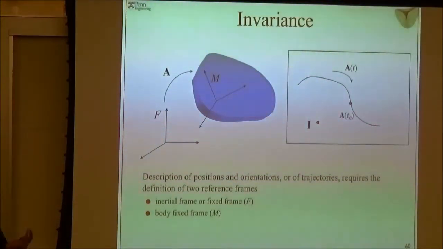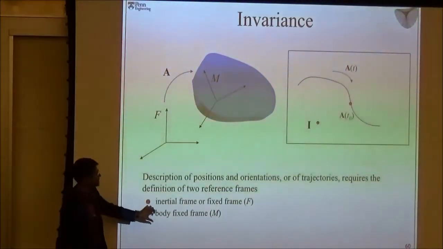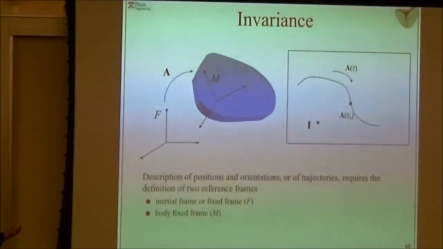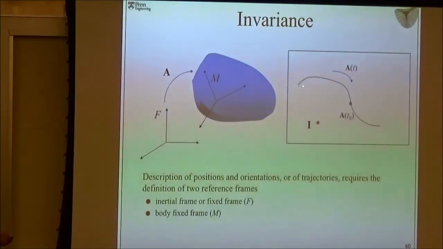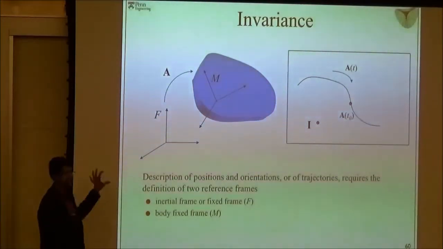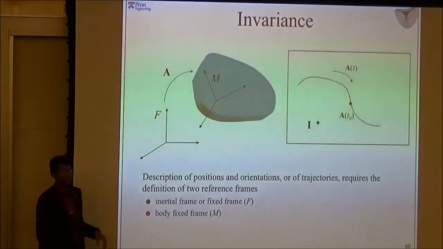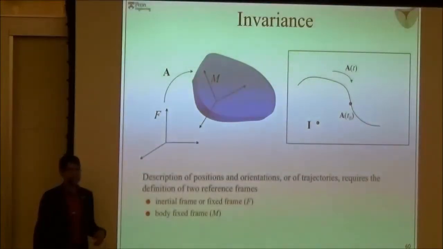Ideally, you want your computations to be insensitive to what coordinates you pick. Another set of questions you want to be sensitive to has to do with the choice of inertial frame and body fixed frame. So if I do a magical calculation, let's say I've calculated the best way to get from here to here. One question to ask myself is, what happens if the inertial frame were changed? Or what happens if the body fixed frame were changed?